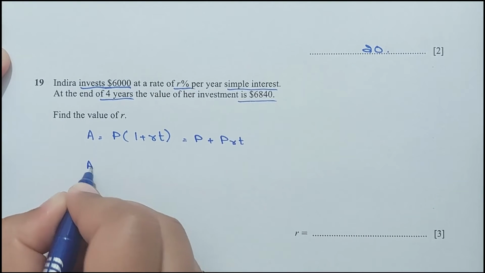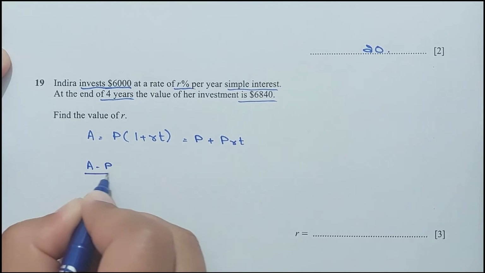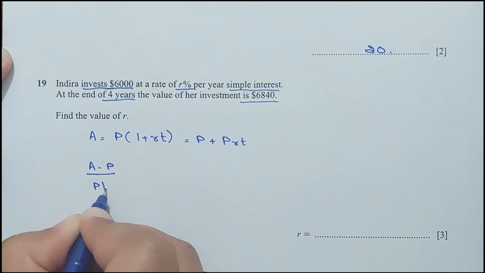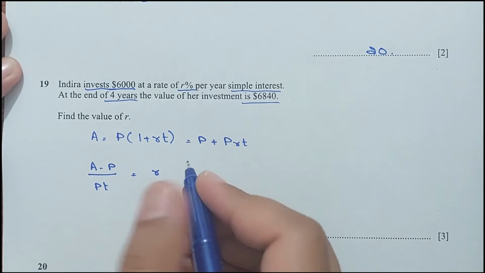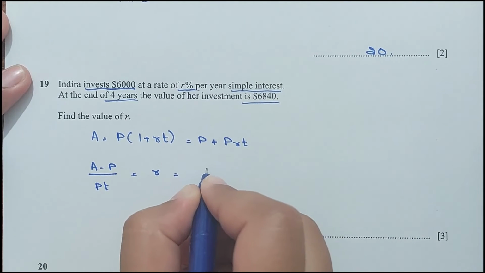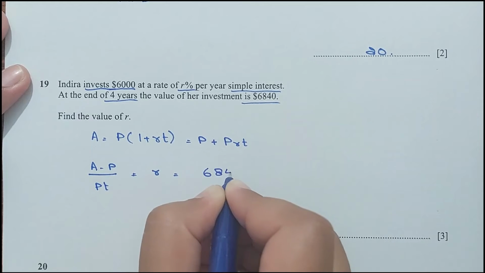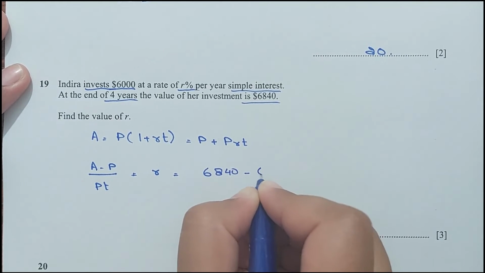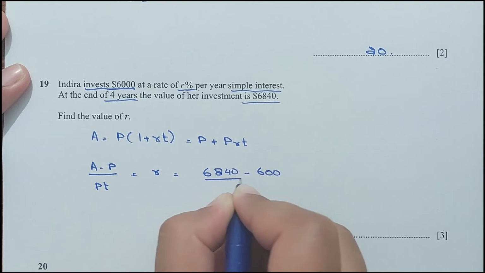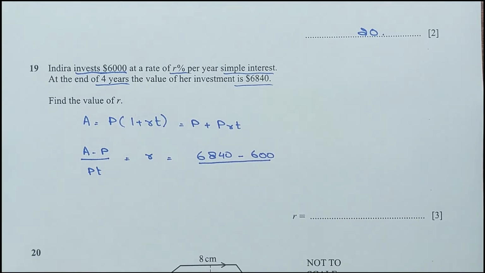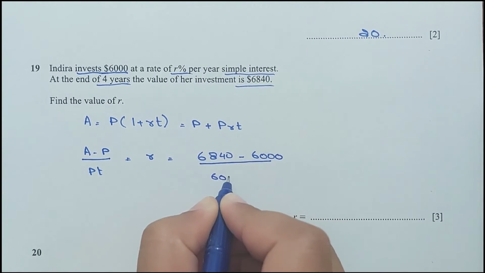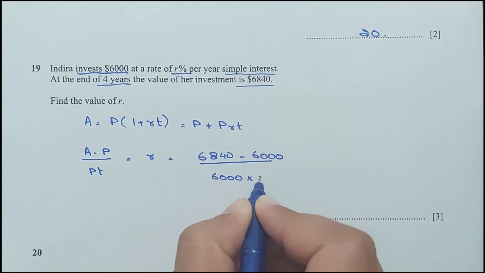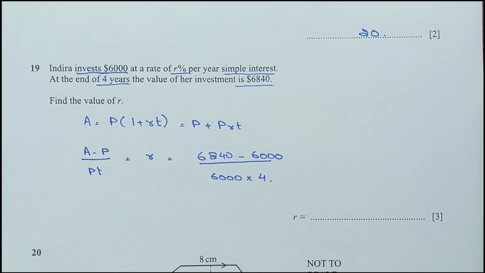So A minus P divided by PT is the R percent, right? Let me solve. A is 6,840 minus the investment 6,000, divided by P which is 6,000 into T which is 4 years, right? Let me simplify.